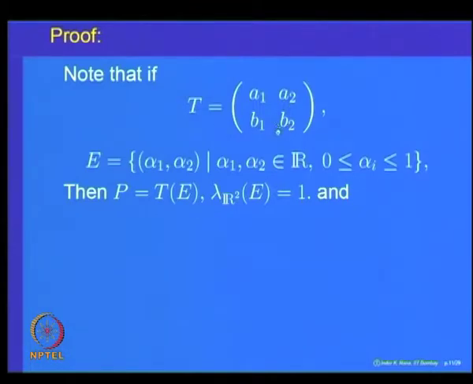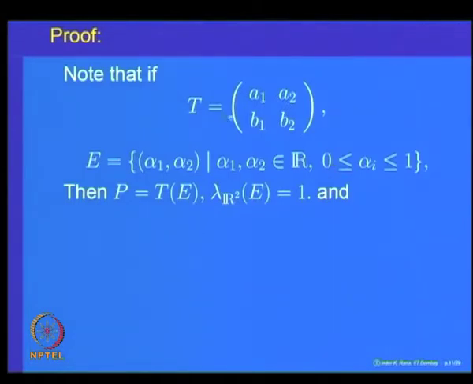If I look at this transformation T and look at the set E with components alpha 1, alpha 2, where alpha 1 and alpha 2 are real and between 0 and 1. So, what is this set E? This set E is nothing but a rectangle, actually a square in the plane with sides 0 to 1.